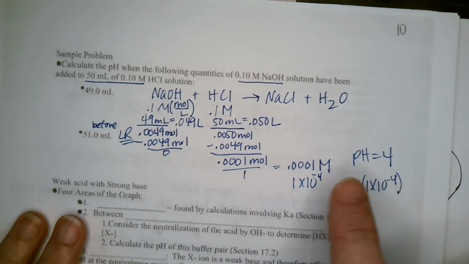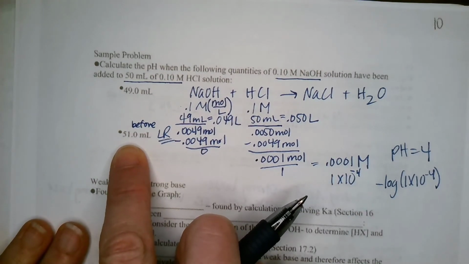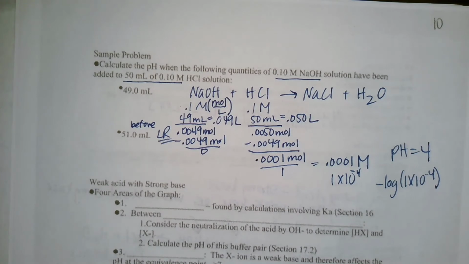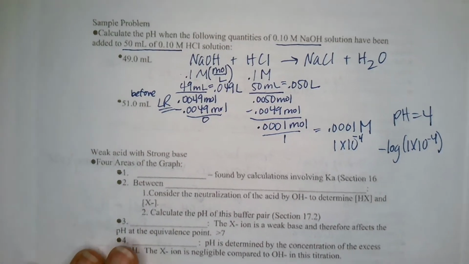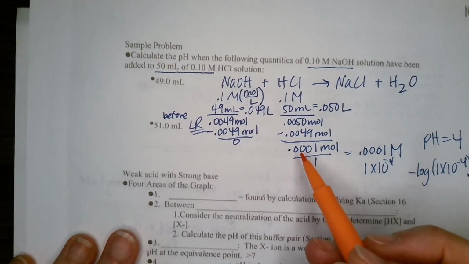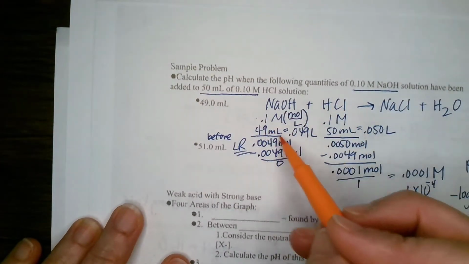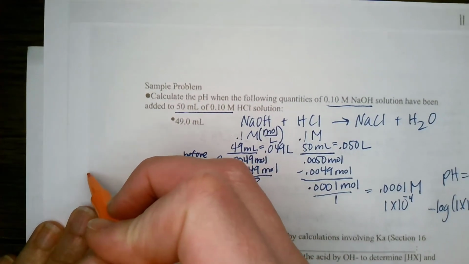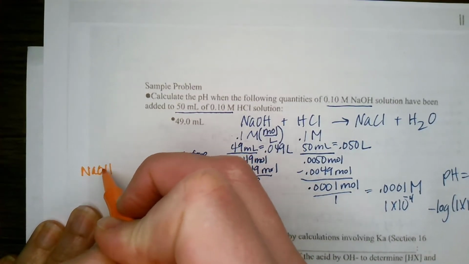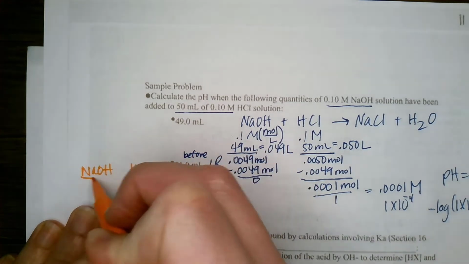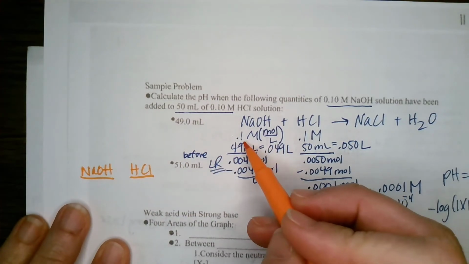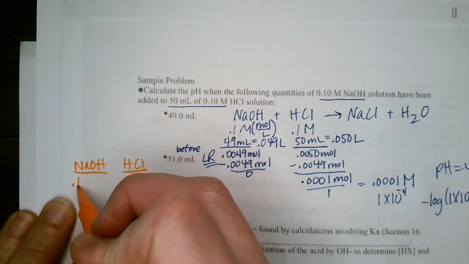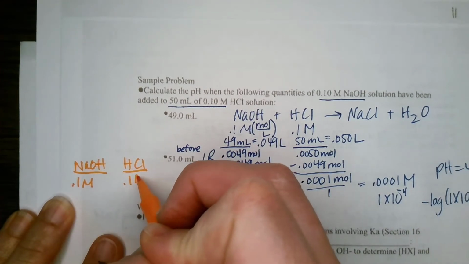Now let's check and see what happens when we have 51 milliliters of NaOH. I kind of ran out of room over here, so I'm just going to make my same little setup with NaOH and HCl over in this margin. Again, I'm starting with the same 0.1 molar, 0.1 molar.